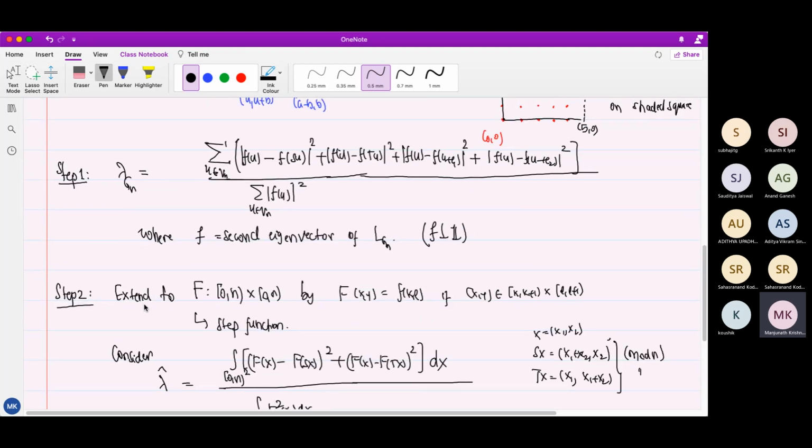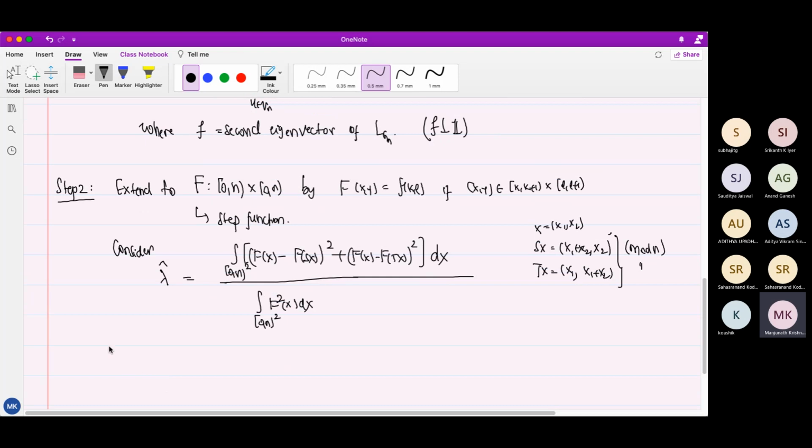The claim is that lambda is bounded below by lambda hat. So how does this compare? This is the definition of lambda hat, and I want to compare it with lambda. First of all, the integral of f squared is easy. It is just the sum over all k comma l of f of k comma l squared, times 1, since the area of that square is 1.